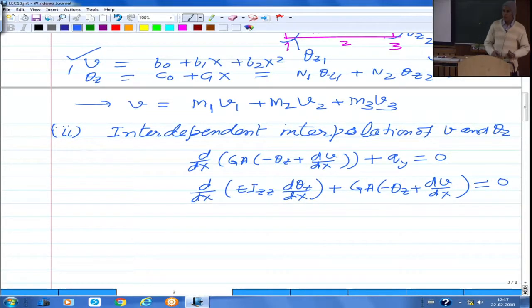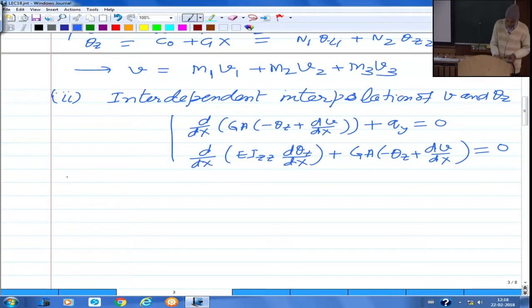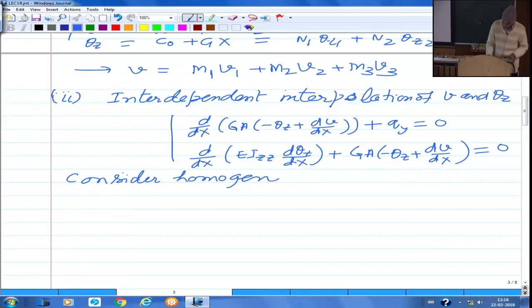Now to derive this interdependent interpolation, we are going to make use of these differential equations, considering the homogeneous form of these differential equations, that means taking the forcing terms to be 0.